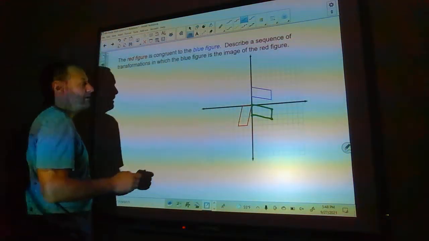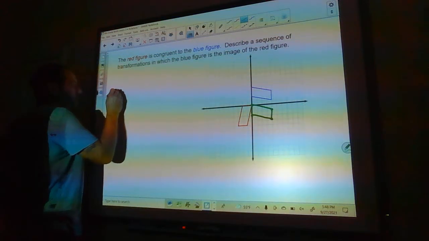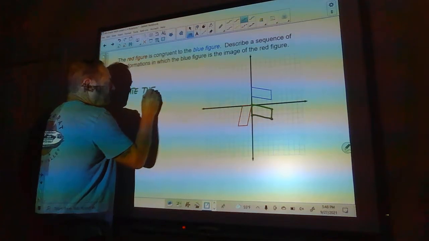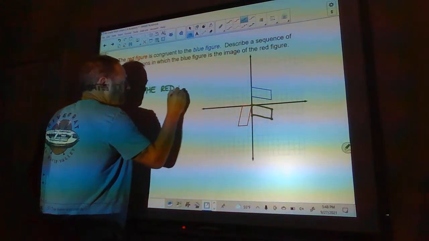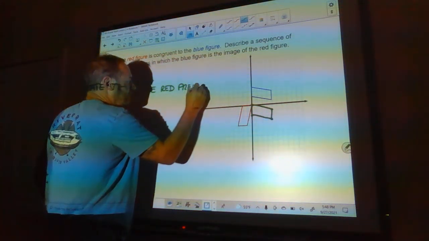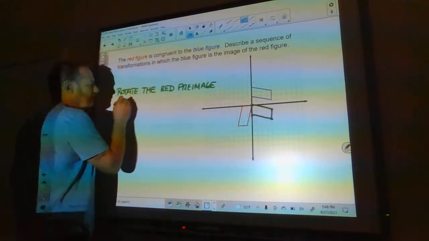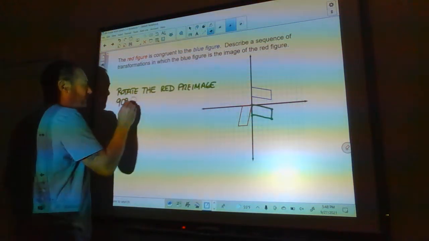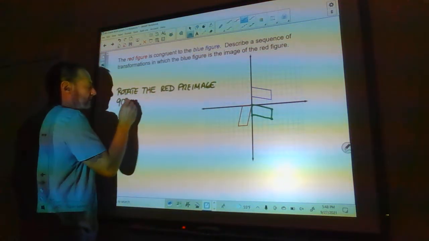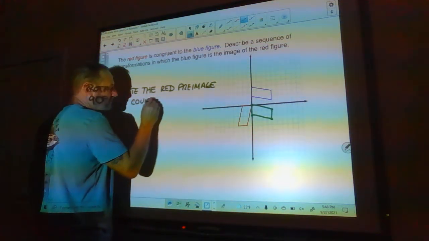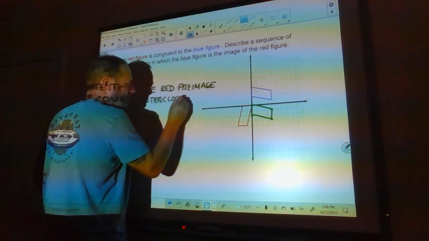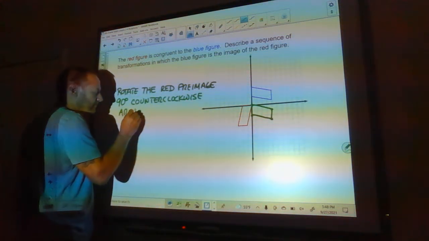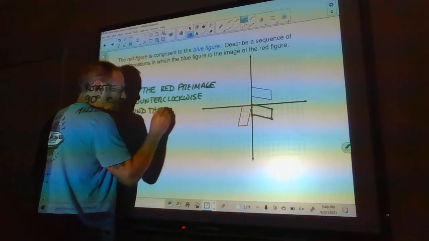Okay, so let's describe it. The first thing is I would rotate the red pre-image 90 degrees. I've got to give direction, so it'd be counterclockwise, around the origin. That'd be step one.